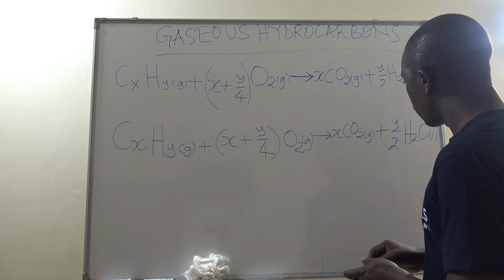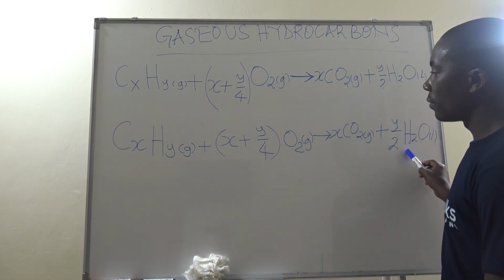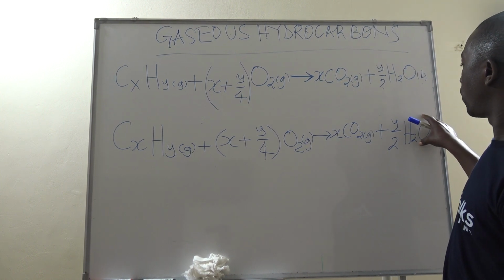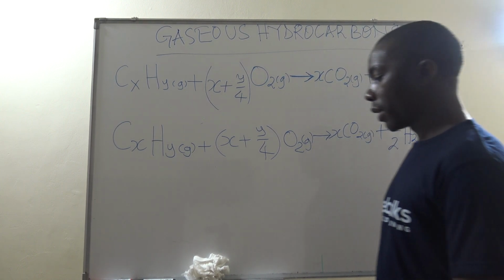But like I said, these water molecules are obtained as a result of cooling. When you cool down, water is able to move from water vapor to form liquid water.